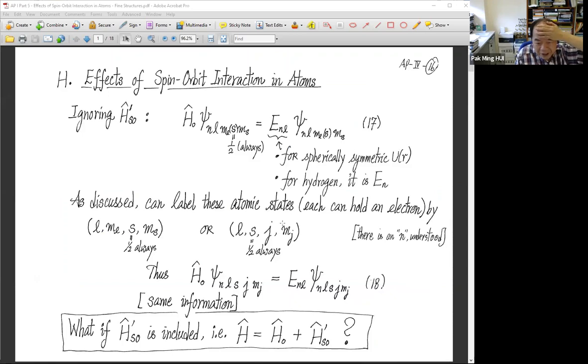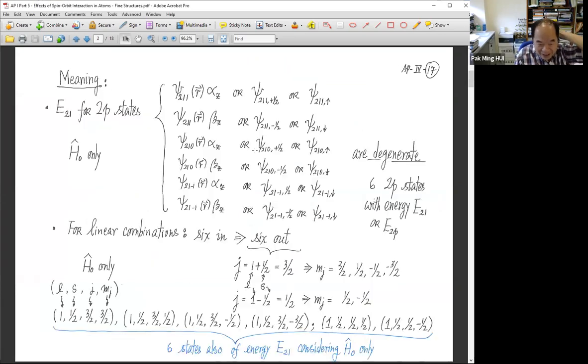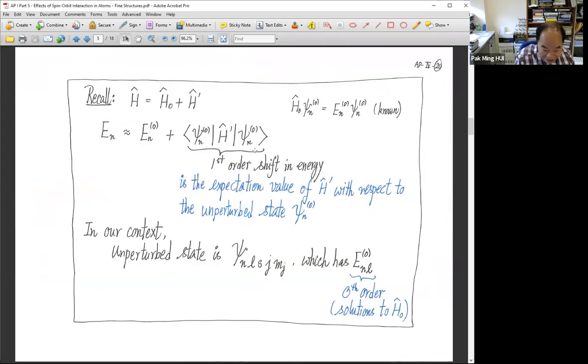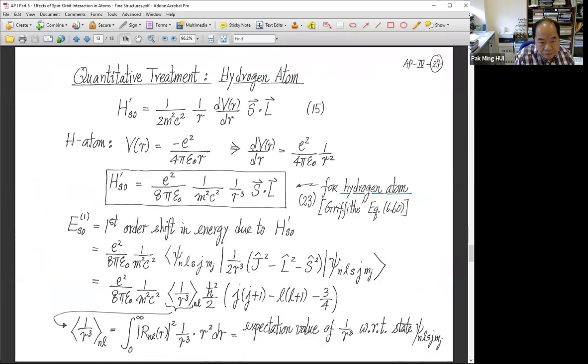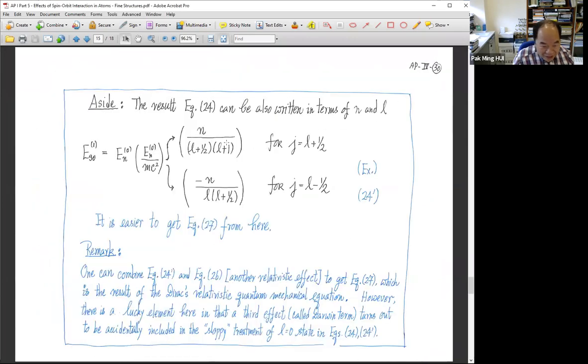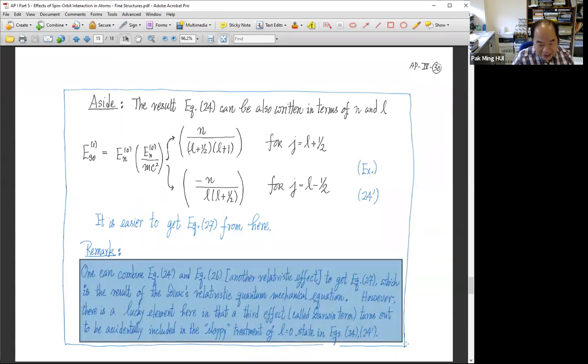Somewhere here? I know which one you mean. I don't want to get into the detail. You mean this thing? Is that right? Okay.